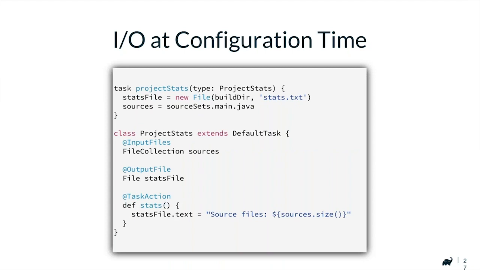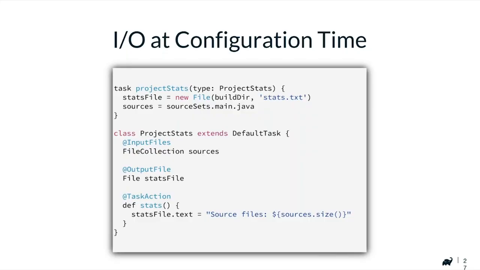Gradle has a much nicer way to do this, which is to define a task. Write a task that says, okay, I have sources, those are my input files. I have a statistics file, that's my output file. And here's my task action, that's where the actual code is. So you've basically separated the imperative stuff from the declaration.